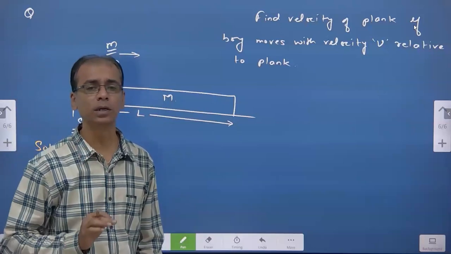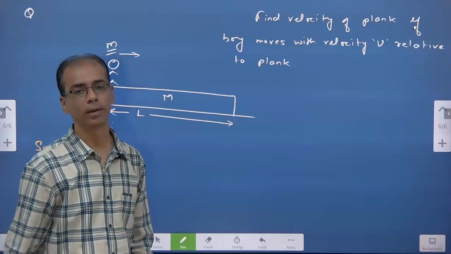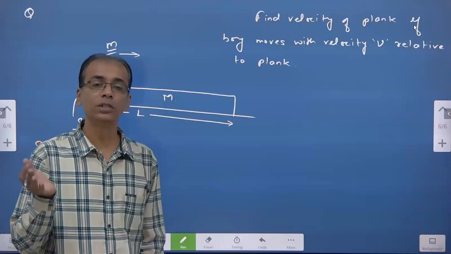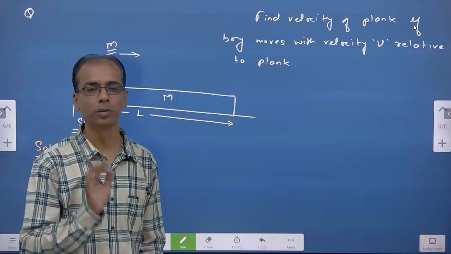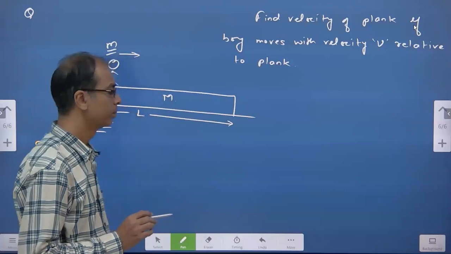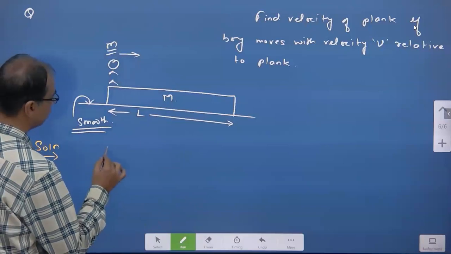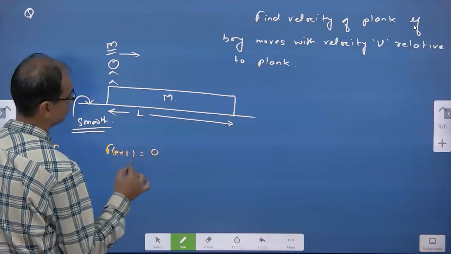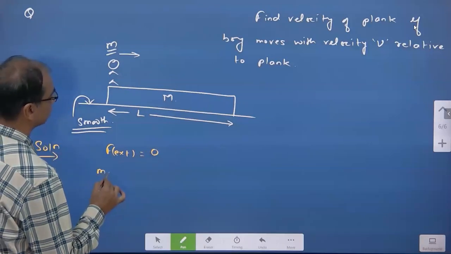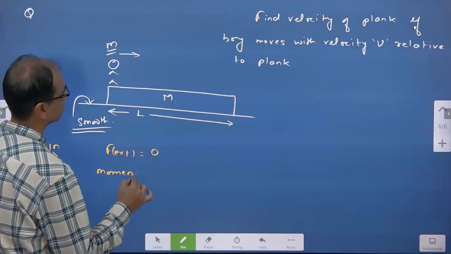Now, what is the event in this? Walking of the boy. So before he starts walking and after he starts walking, we have to conserve momentum. So first thing, yes, we know F external is 0. We know momentum is constant.